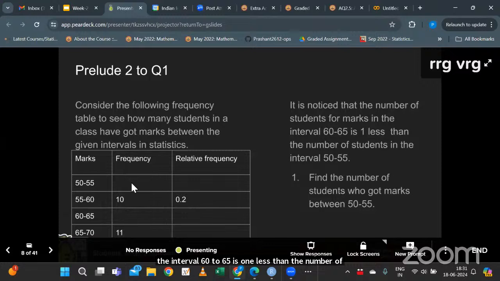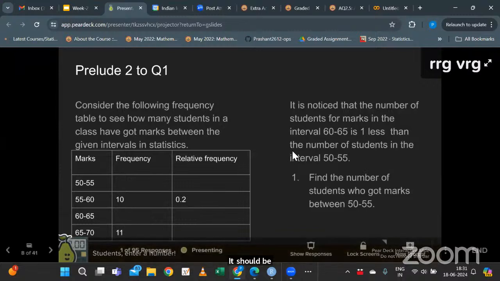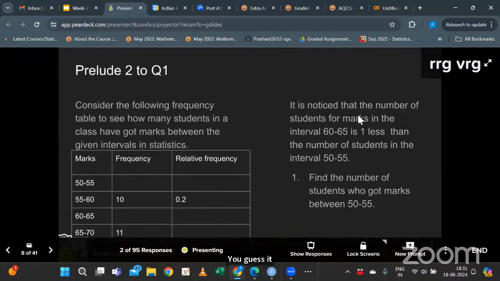So whatever the number of students in the marks 50 to 55, suppose it's A, then for 60 to 65 what should it be? It should be A minus 1.